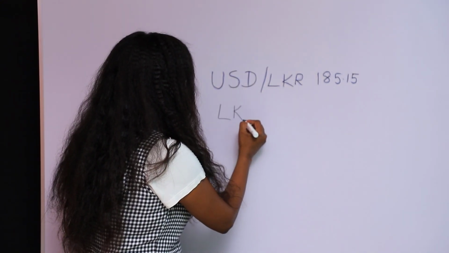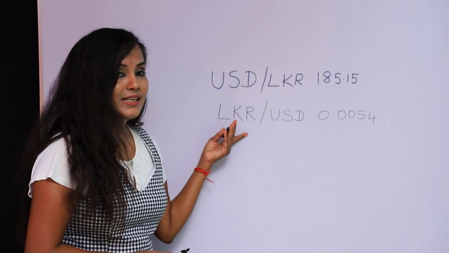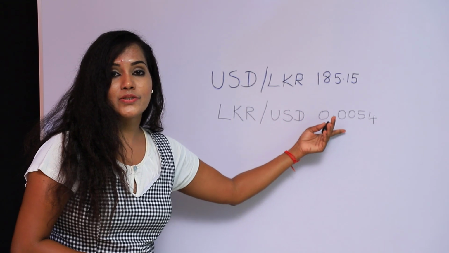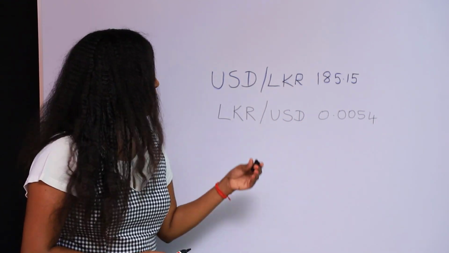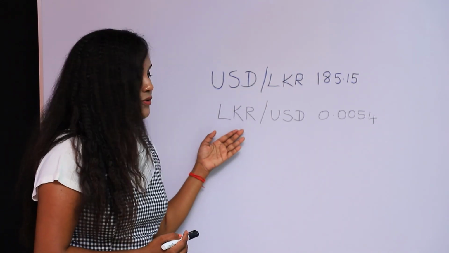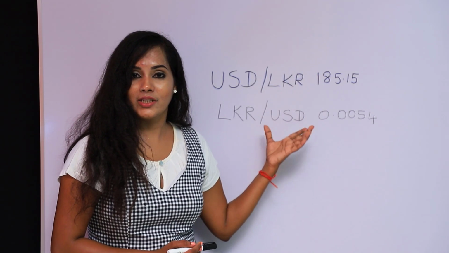Let's see the example. Here the meaning is 1 LKR is equal to 0.0054 USD. So based on that, we can explain the value of Sri Lankan rupees in terms of USD. So this is the indirect cost.